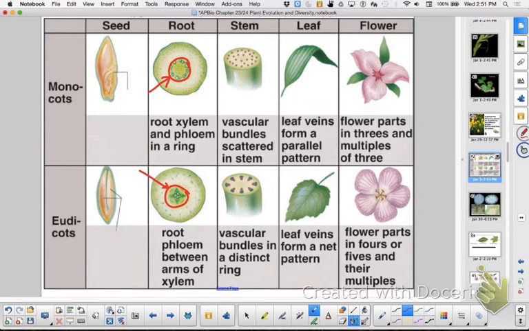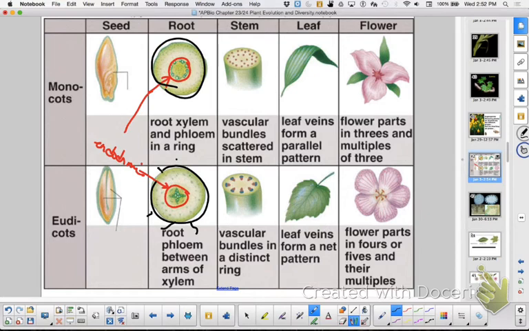Do you remember? Really important in water regulation. Not an epidermis, but an endodermis. Remember with the Casparian strips? So right here is where you have your endodermis. On the outside, this is where you have your what? Epidermis. And you could have little root hairs to increase surface area.